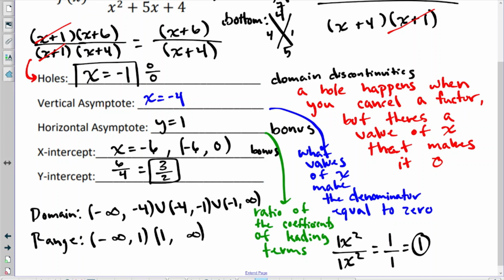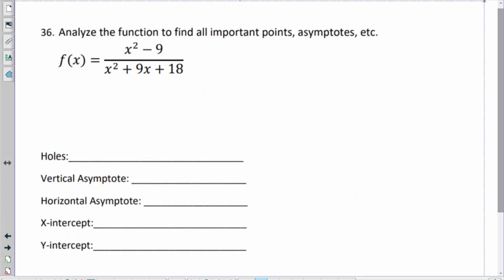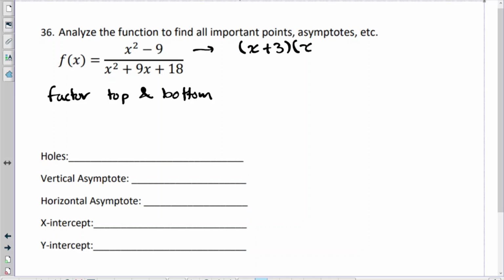Okay, cool. We've got 2 more problems to do. This one, once again, we're kind of doing the same thing. So once again, I'm just going to factor the top and the bottom. And so I end up getting x plus 3 times x minus 3. This is a difference of squares, which I talked about in the last video.